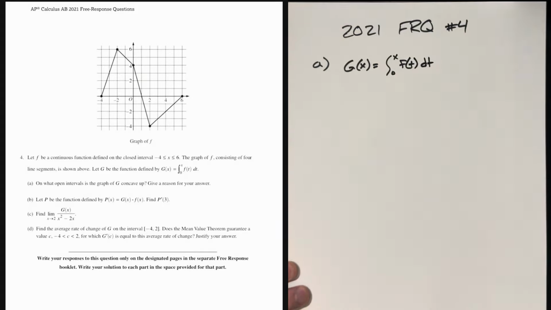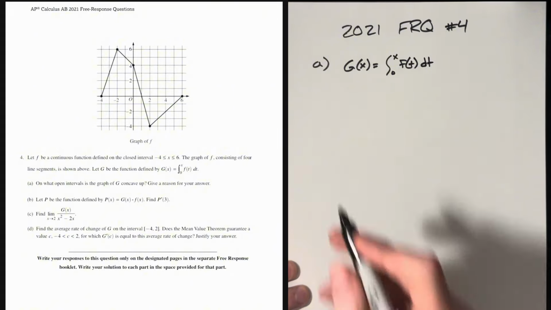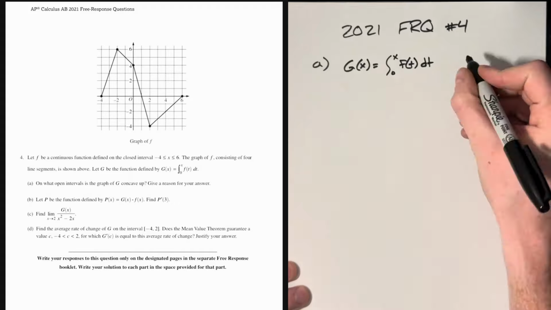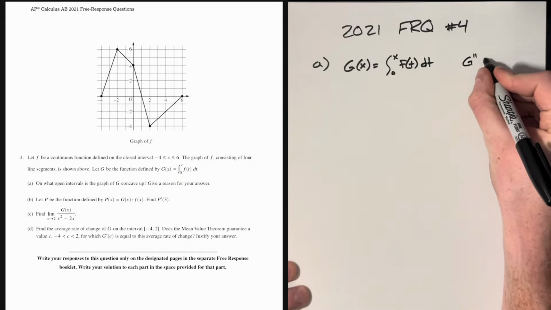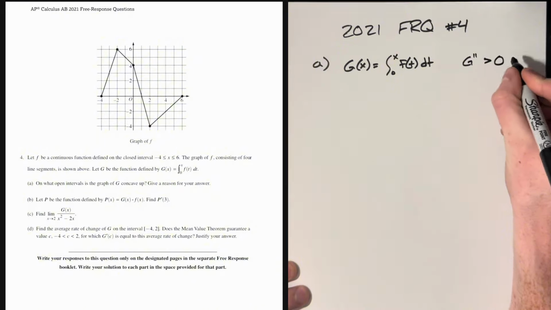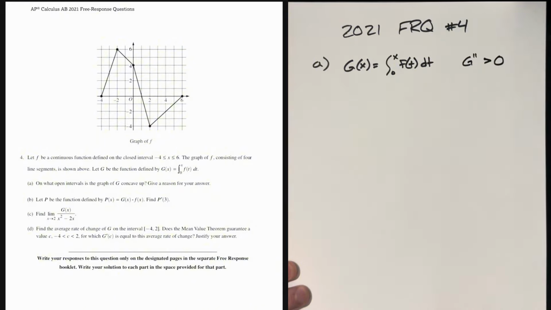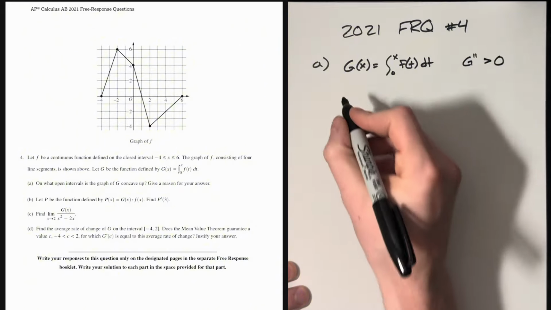We know that concavity relates to the second derivative of a function. So if we're looking to see when g is concave up, that is where our second derivative of g is greater than 0. So let's find the second derivative.